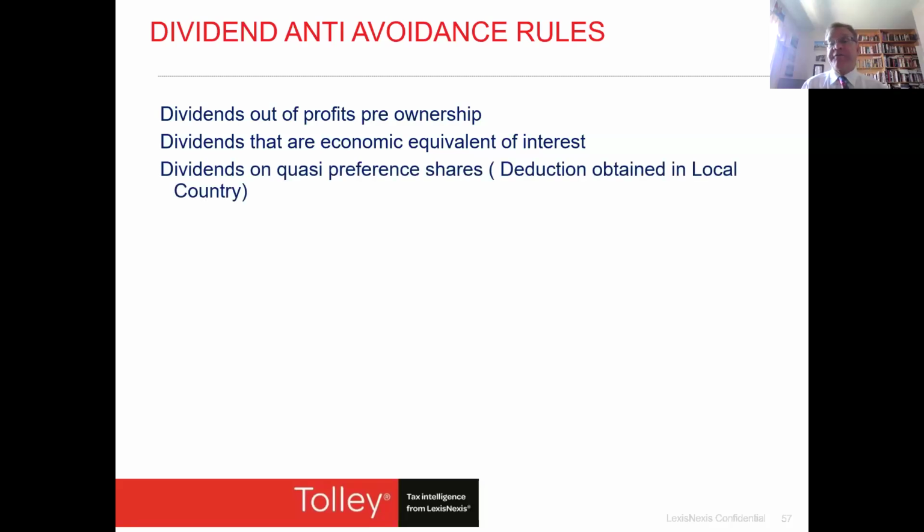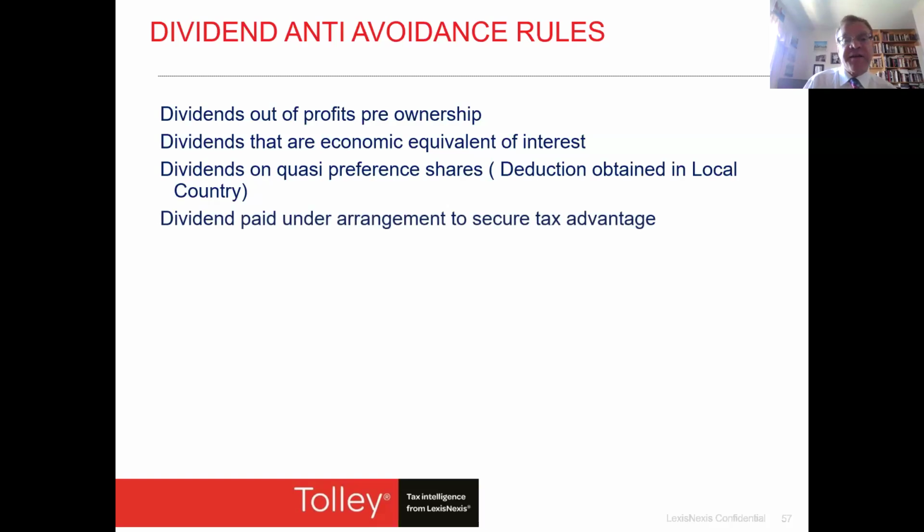Dividends on quasi-preference shares, deduction obtained in the local country, which means potentially it's taxable in the recipient country, and dividend paid under an arrangement to secure a tax advantage or transactions other than at arm's length, then you have to watch for anti-avoidance rules, which could bring those dividends into a tax charge.